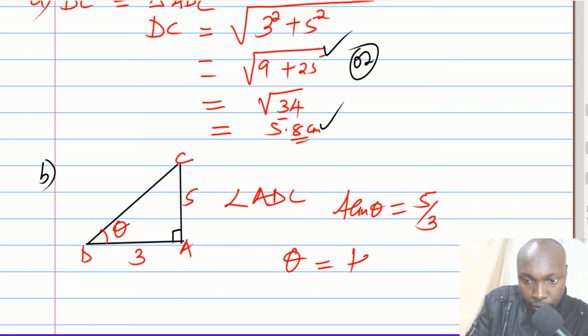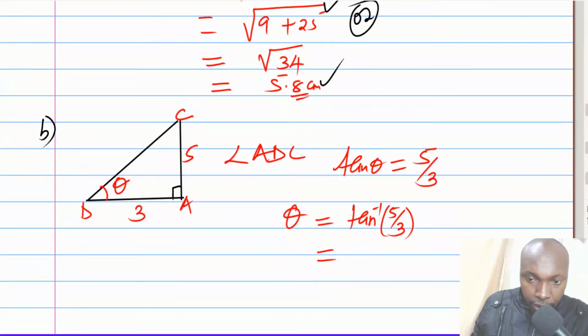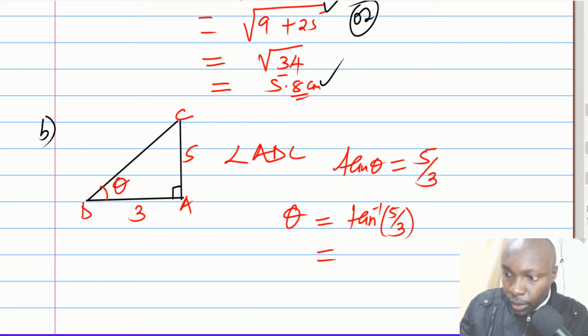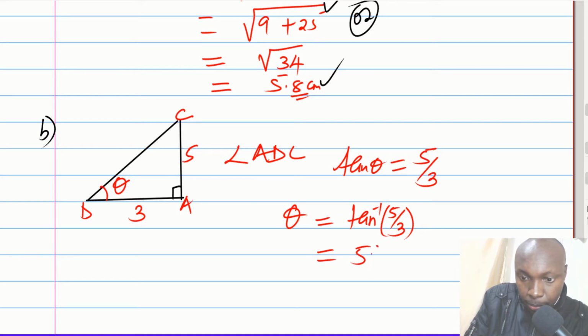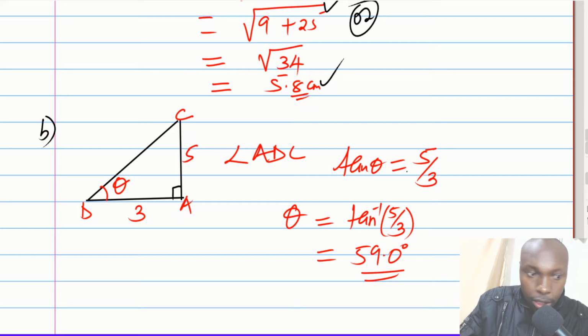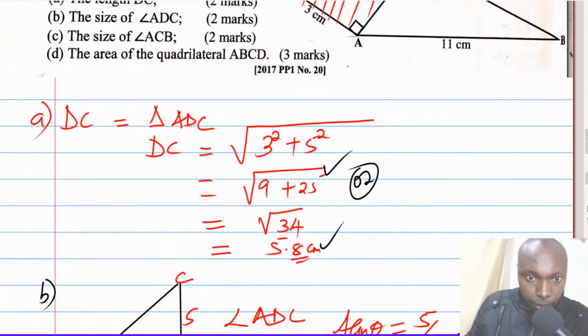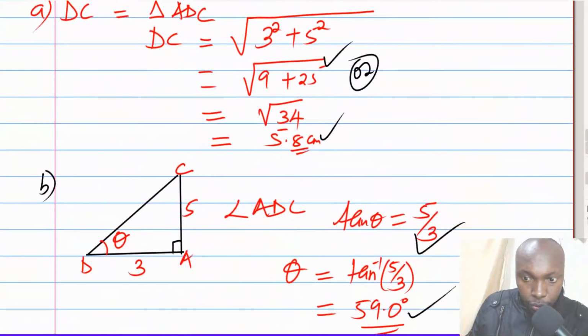Tan inverse of 5 divided by 3 is what is going to give us the answer, 59.0 degrees, correct to one decimal place. So that is how you're supposed to solve the second part of the question, and that one will give you 2 marks again.